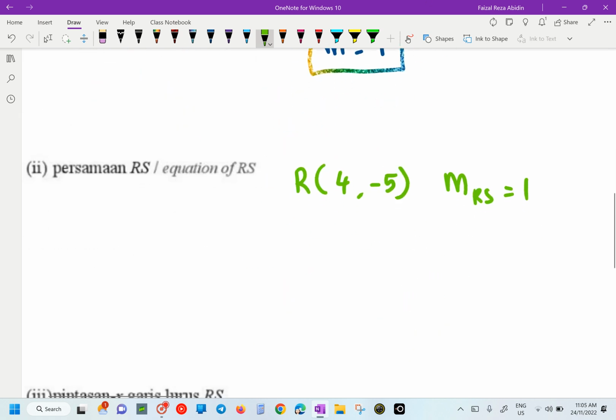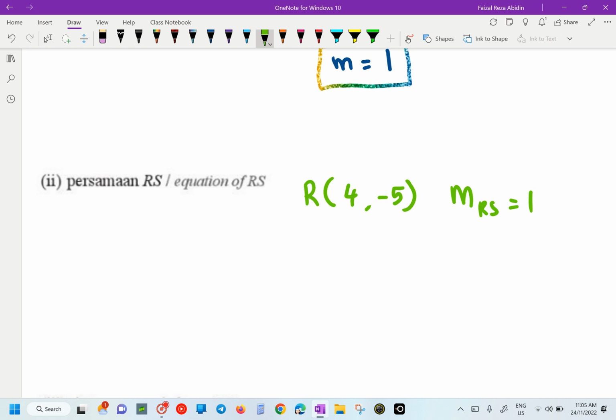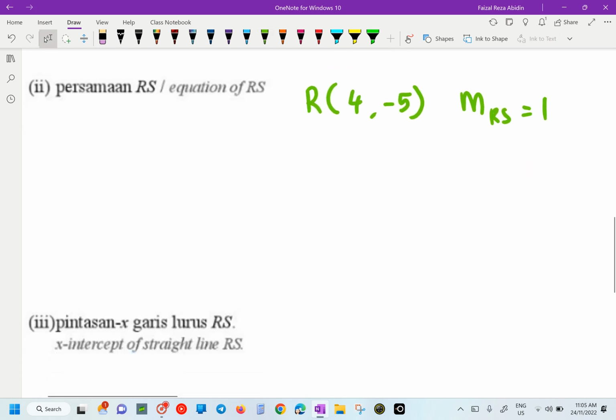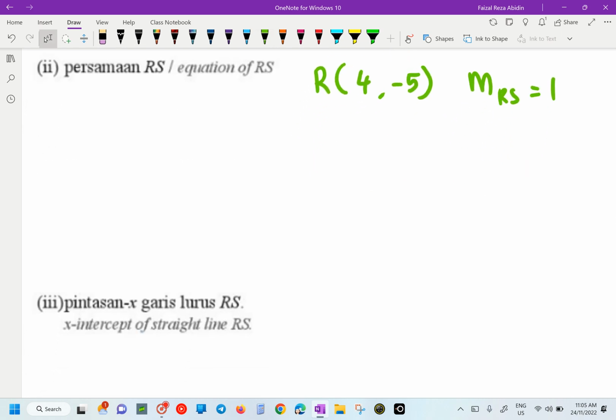If I want to find the equation of the straight line RS, what should we do? Find c first, using y equals mx plus c, with the value of x being 4 and y being -5.